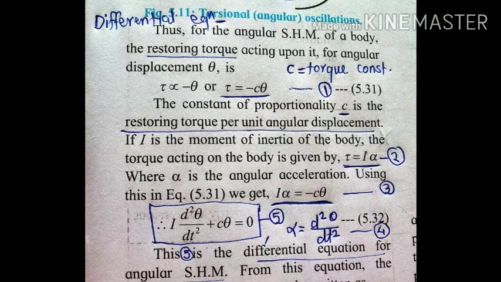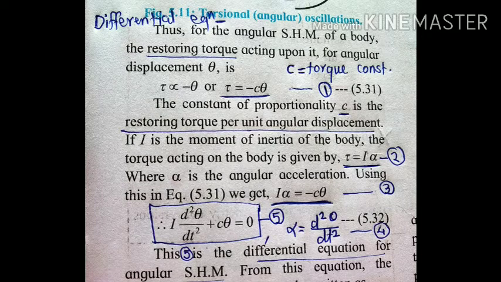Just like we have written linear acceleration a is equal to d2x upon dt square, similarly here angular acceleration alpha is equal to d2 theta upon dt square. X is replaced by theta, a is replaced by alpha.